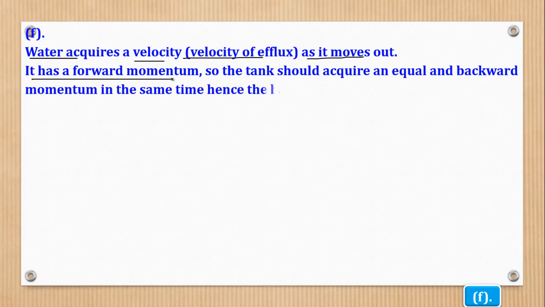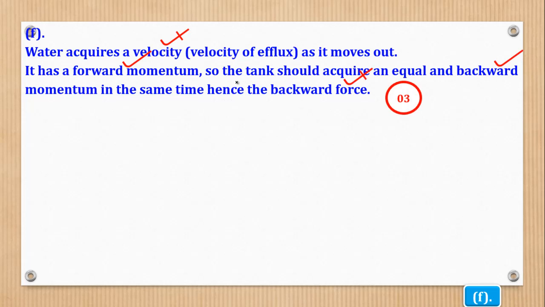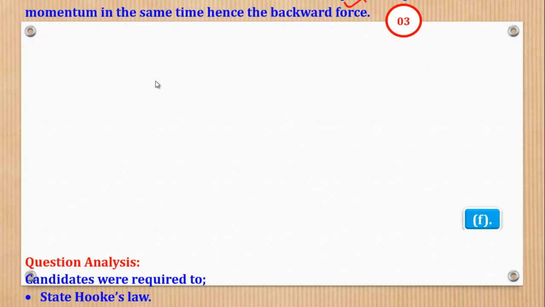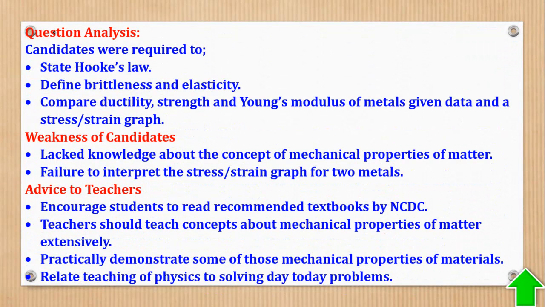Therefore, it has a forward momentum, so the tank should acquire an equal and backward momentum in the same time, hence a backward force. So this is in accordance with Newton's third law. So that was question 1.